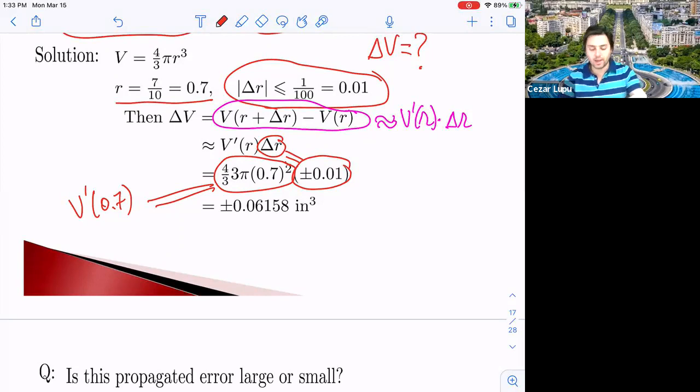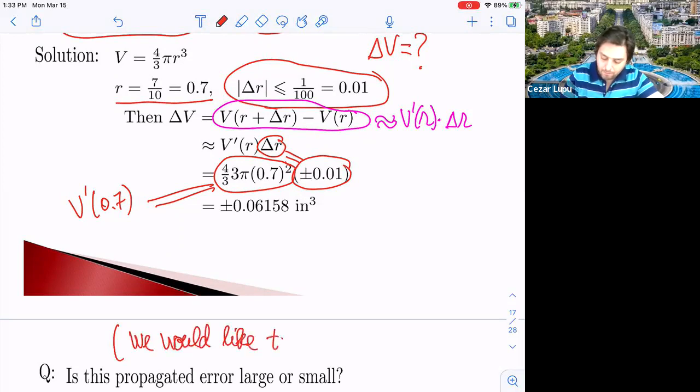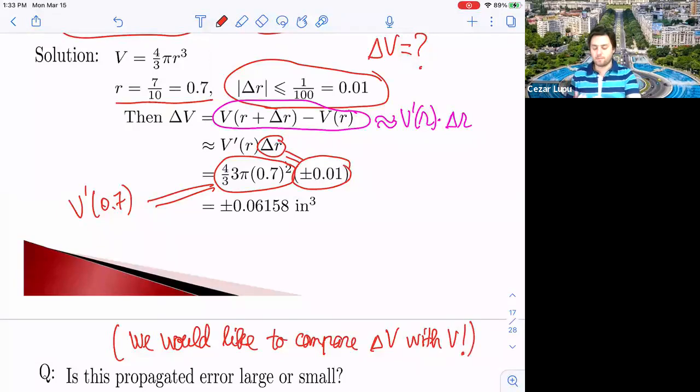So in other words, we would like to compare delta V with V. That's what we want to do, right?